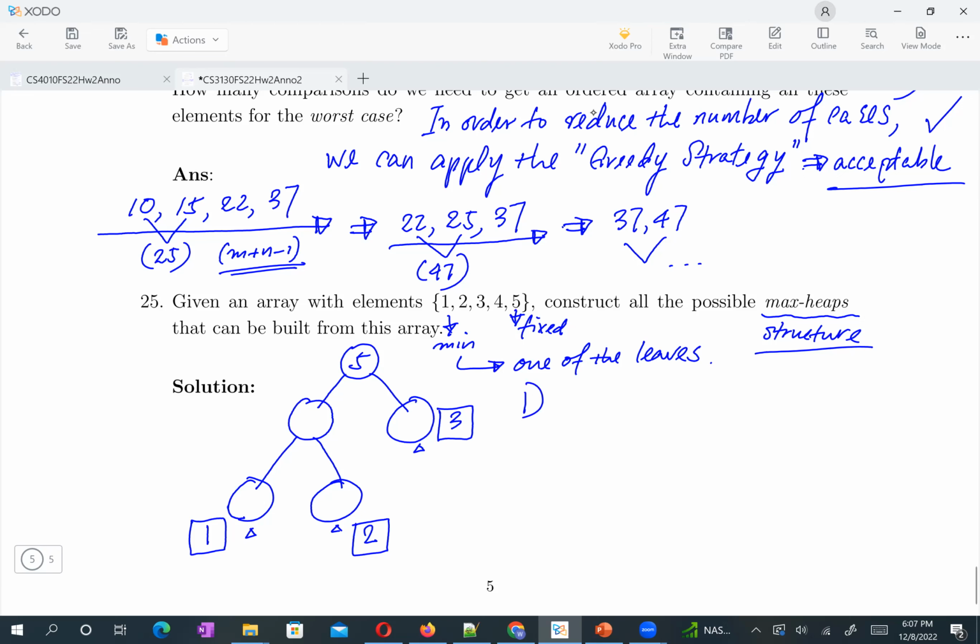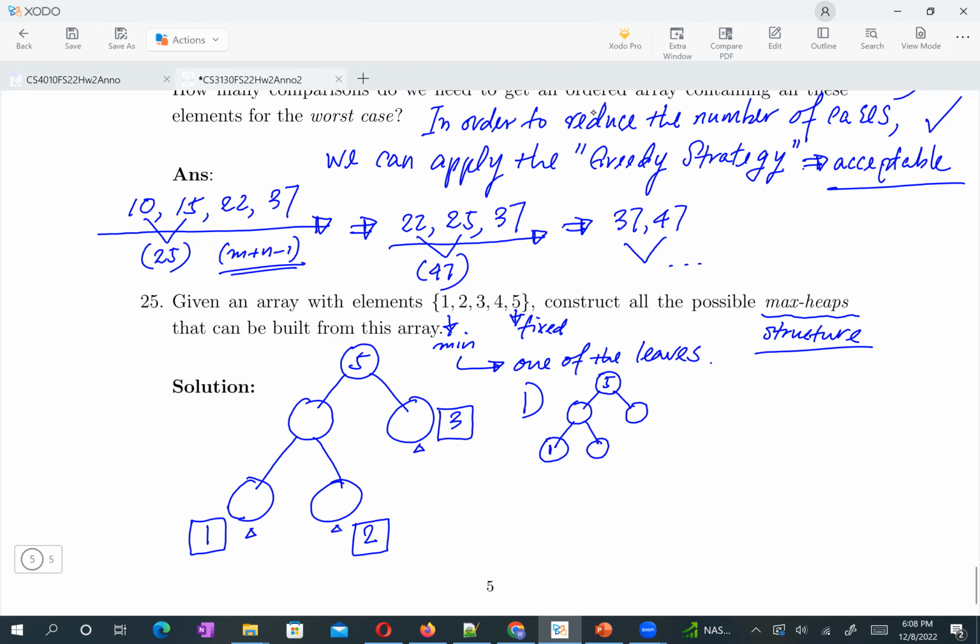Case 1, let me draw a smaller tree here. And 1 is here, it is fixed. After 5 is fixed and 1 is fixed, we have only 3 remaining elements: 2, 3, 4.